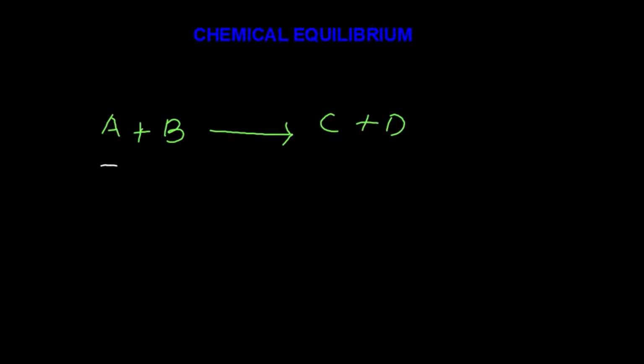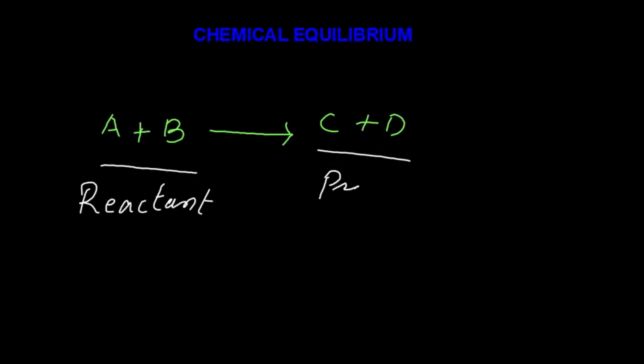In this reaction, A and B combine to form C and D, so A and B are reactants. Since C and D are formed after the combination of A and B, these are the new substances formed, so these substances are known as products.